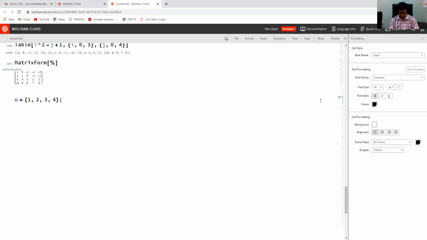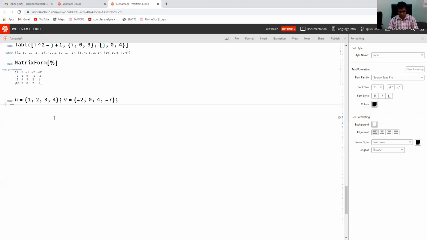Second vector is v, say entries are -2, 0, 4, -7. These are two vectors. If I put a semicolon, then when we run, the output will not be shown.